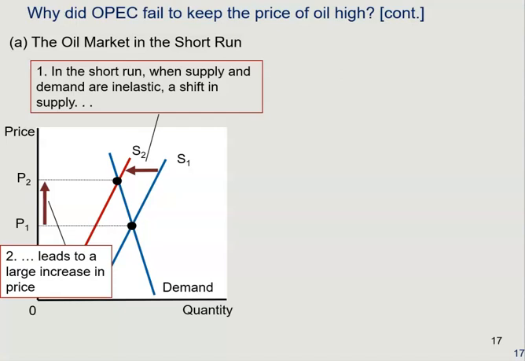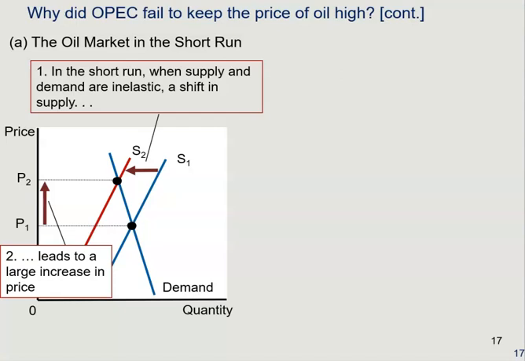Based upon our discussions in the previous video, you would find that the total revenue for these OPEC countries is going to rise in the short run, because the additional revenue generated by a higher price outweighs the lost revenue because of the lower quantity. So overall, they're going to see an increase in their revenue.